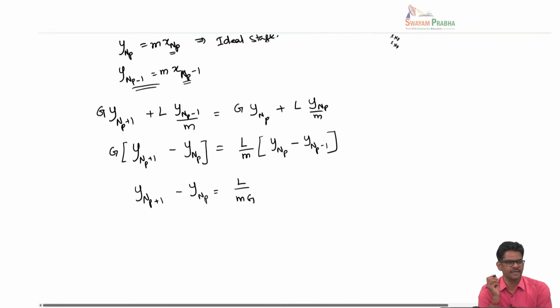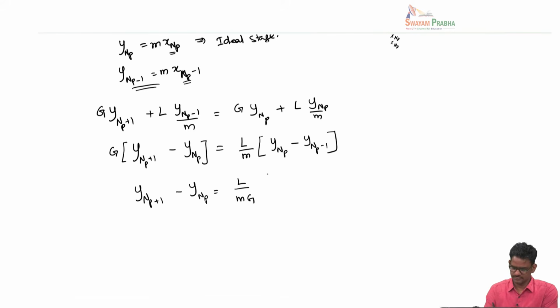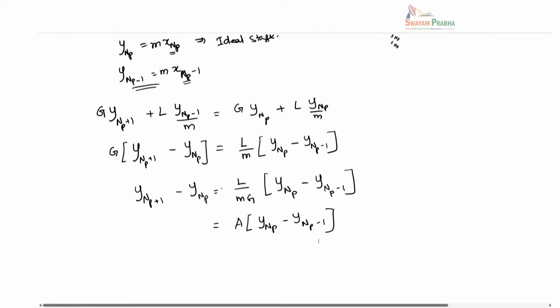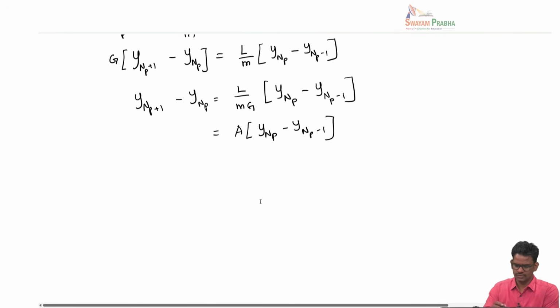So you can see this factor L by mG comes out, and we know it is an absorption factor. So there are two terms on NP, so I can write YNP times 1 plus A, that is equal to YNP plus 1 plus YNP minus 1.